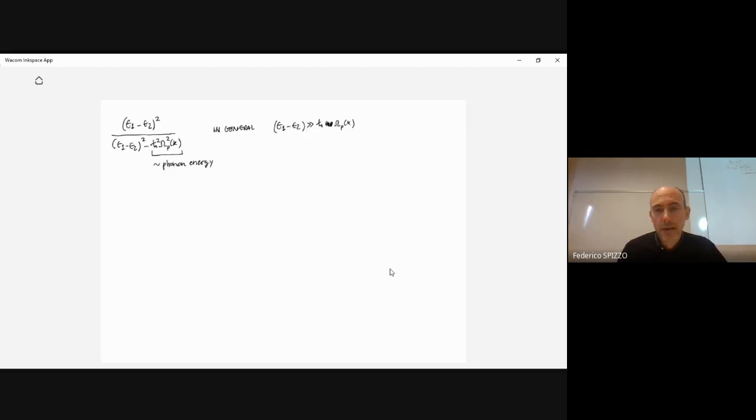plasma frequency of the dressed ions. So if this is the leading term, then this is nearly 1. The term at the numerator here and this term at the denominator are the strongest ones.